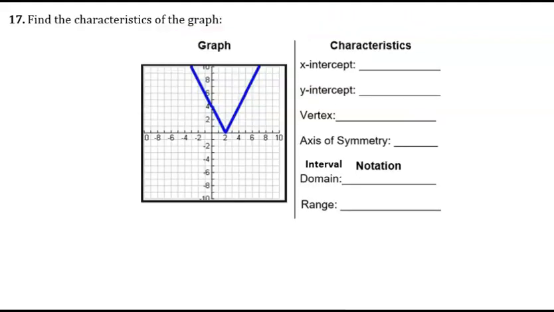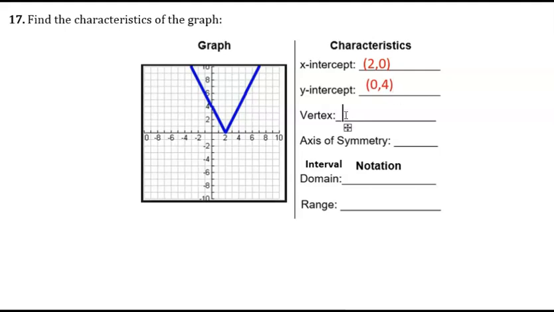Now for this one it says find the characteristics of the graph. We have an absolute value graph. Our x-intercept is 2, 0. It's where it crosses or touches the x-axis. The y-intercept is where it crosses the y-axis. It's at 0, 4.